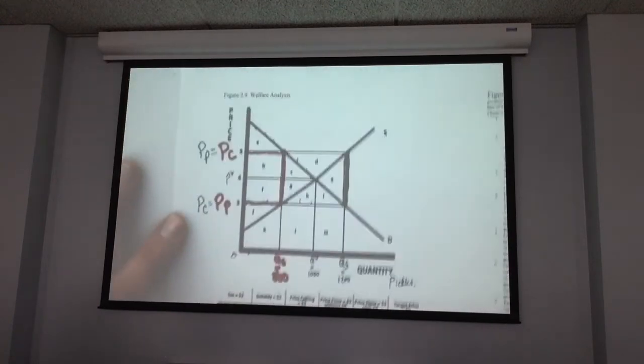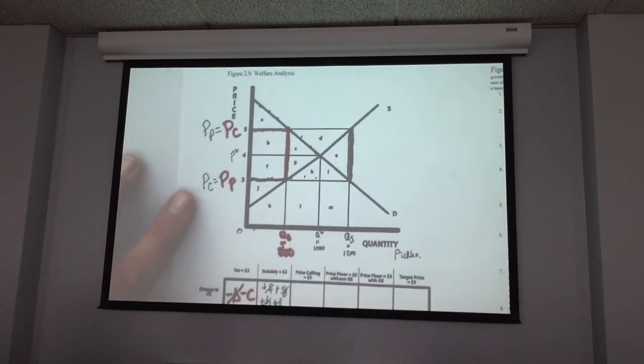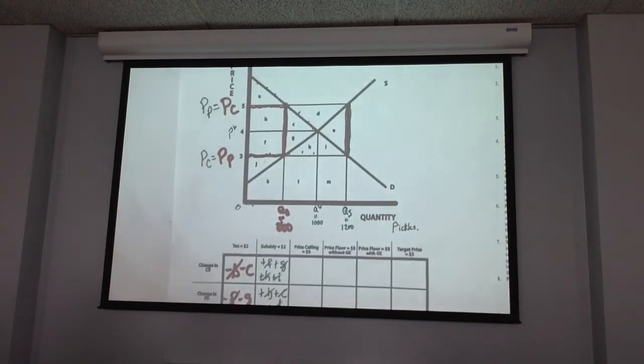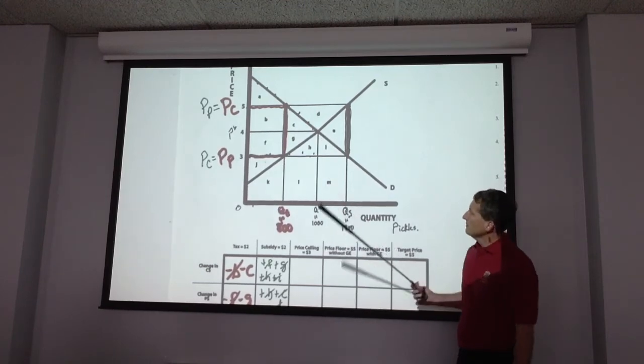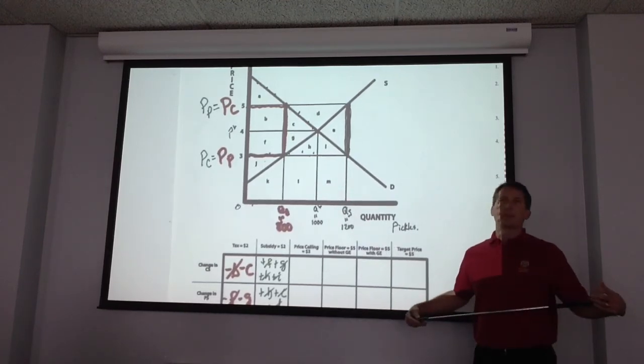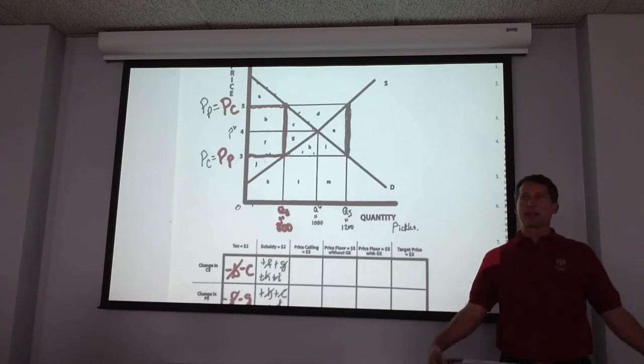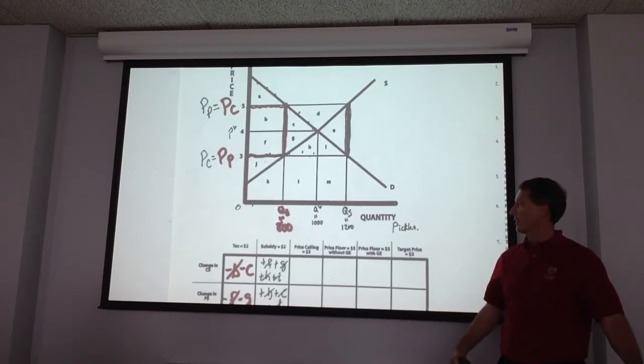All right, price ceiling, how does that work? We've got a price ceiling of $3. What's going to happen? What do you remember from doing a price ceiling? It's a price control.